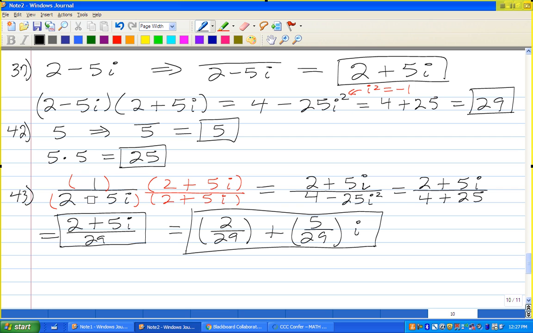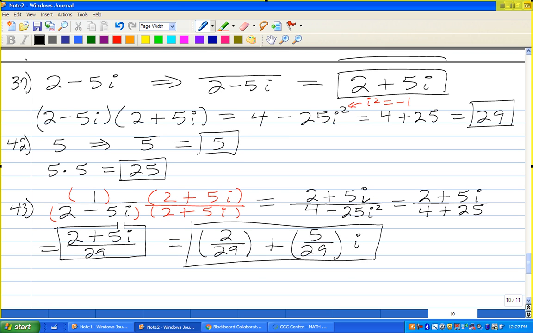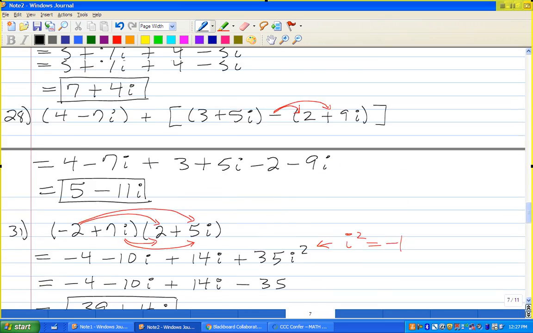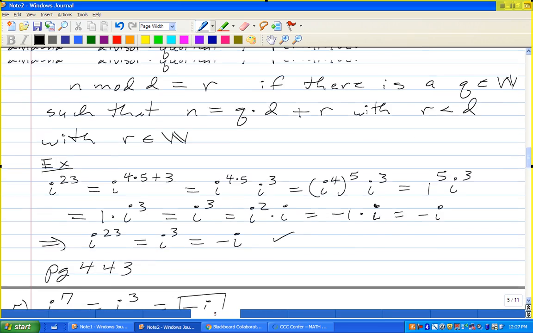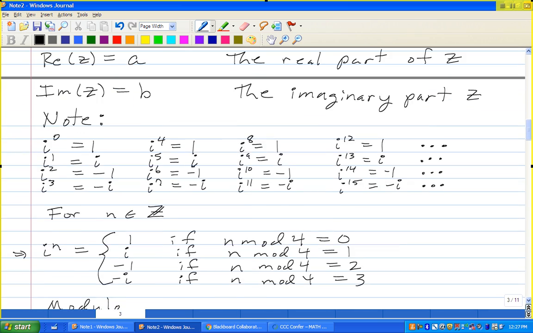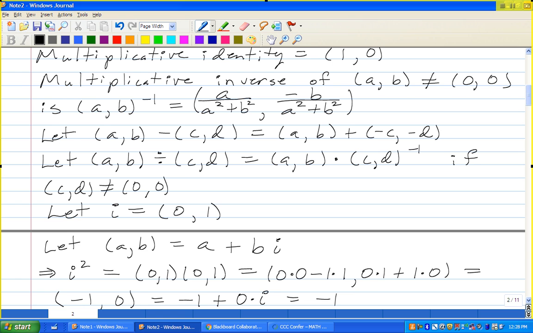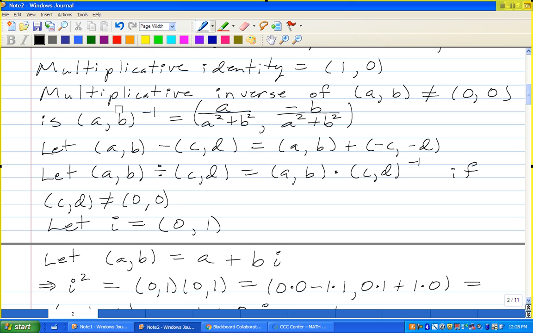And this is the opposite sign of the imaginary part. So minus b over a squared plus b squared. And so notice we had a definition of, here it was, the multiplicative inverse, the reciprocal. The real part of this inverse was the real part of the complex number over the real part squared plus imaginary part squared.